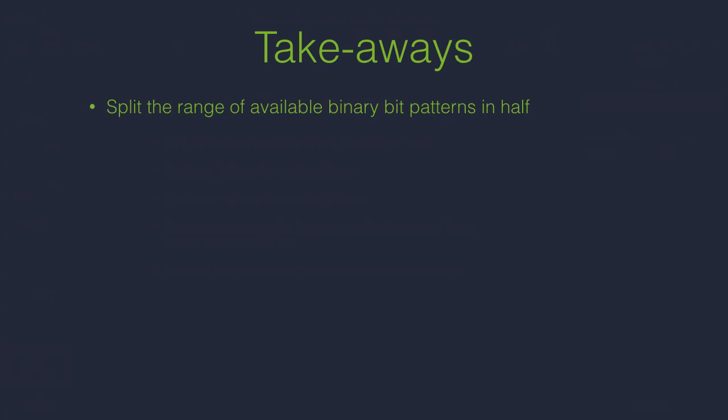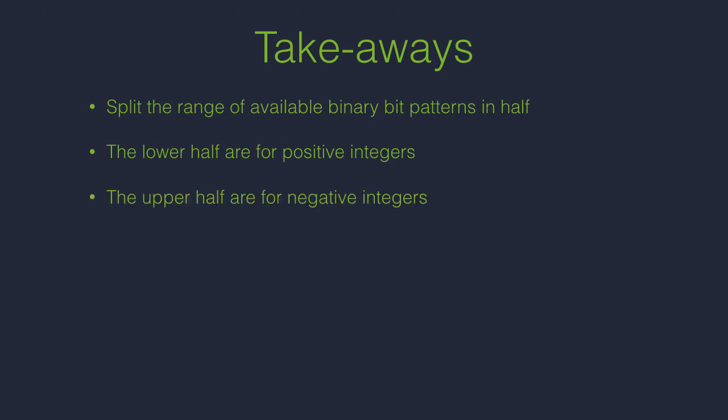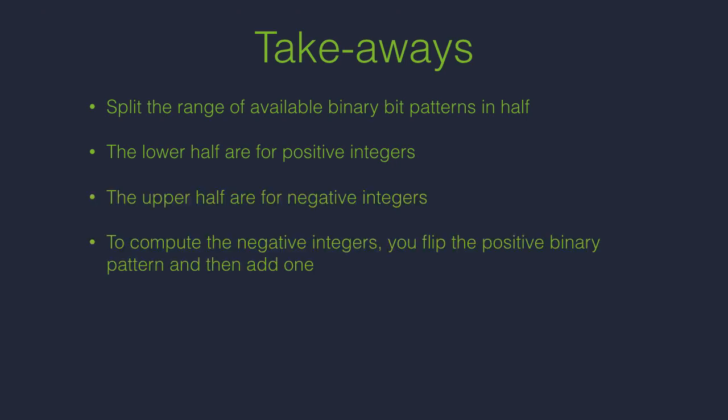Knowing that you have those possibilities available to you allows you to solve pretty complex problems. The lower half of the numbers were used for positive numbers. The upper half were used for the negative numbers. To compute the negative numbers, you flipped, right? You inverted the positive binary pattern and then you added 1.